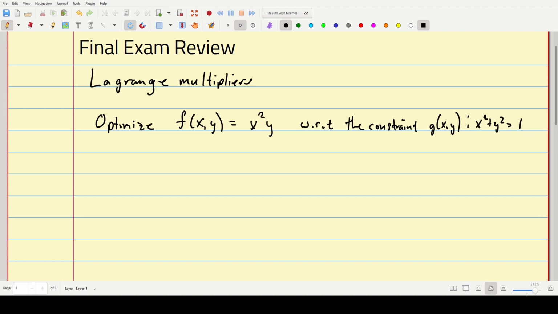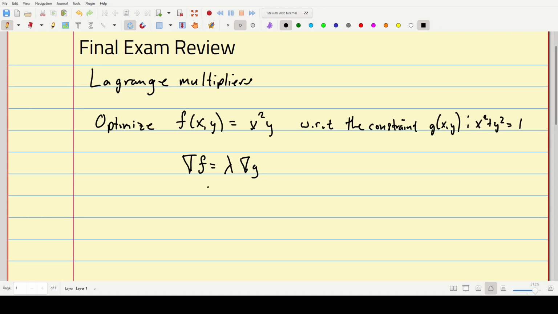All right, so the formula for Lagrange multipliers is this. You have a system of equations where you set the gradient of the function that you're trying to optimize equal to lambda times the gradient of the constraint.